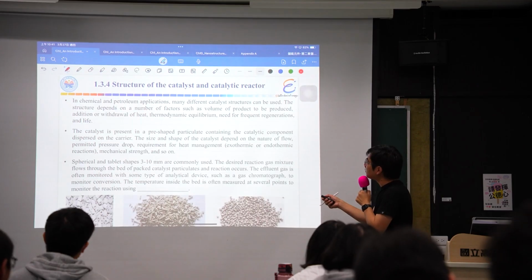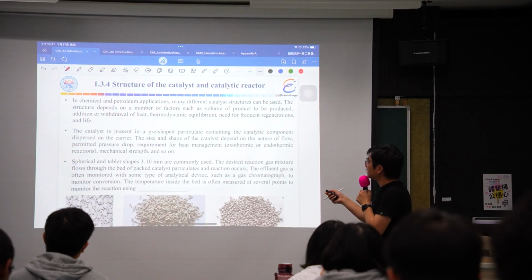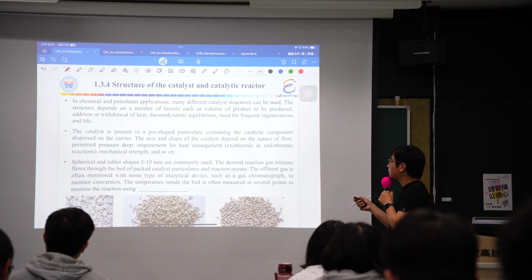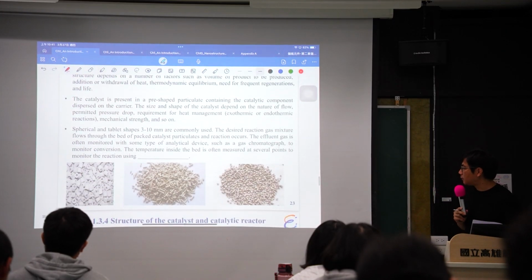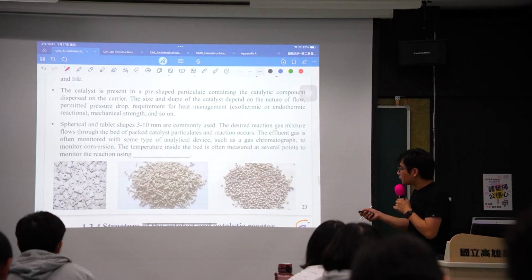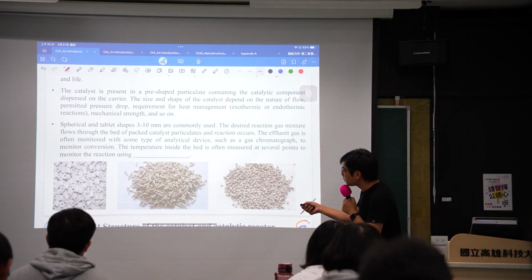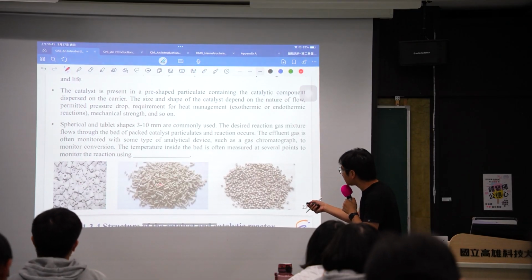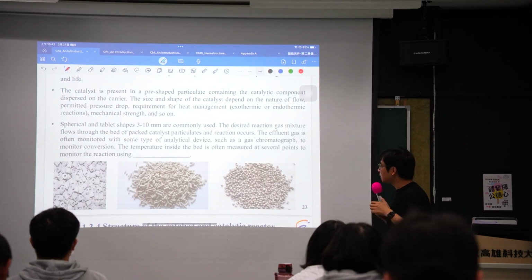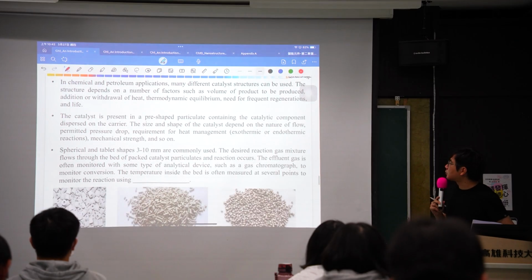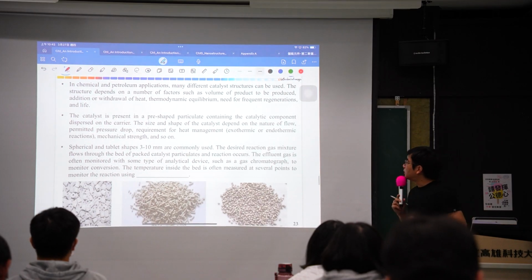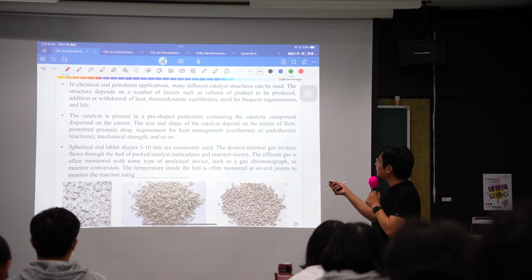In chemical and petroleum applications, many different catalytic structures can be used. Right? They are like cylindrical, like a pellet. There are different forms and different structures that can be used. Okay, so the structures depend on what?